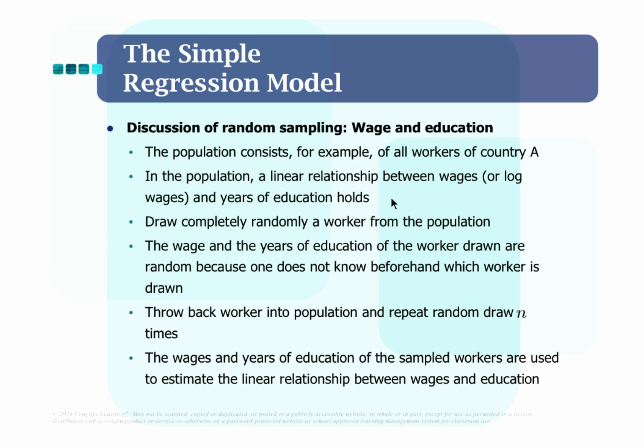And how can we obtain a random sample? We follow this procedure. First, we draw completely randomly a worker from the population, for example by tossing a coin or using some random number generator, to pick randomly a worker from the population and record the wage and the years of education of the worker.